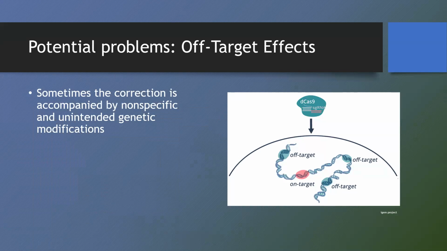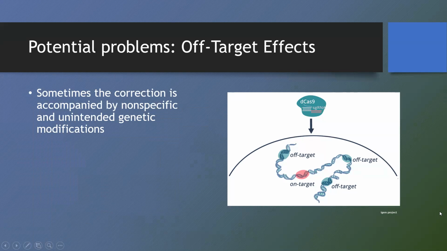In general, there are three potential problems facing CRISPR. Here come off-target effects. No matter how precise you are, under current technology, sometimes the correction is accompanied by non-specific and unintended genetic modifications.